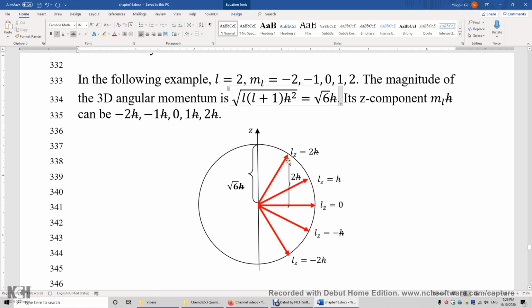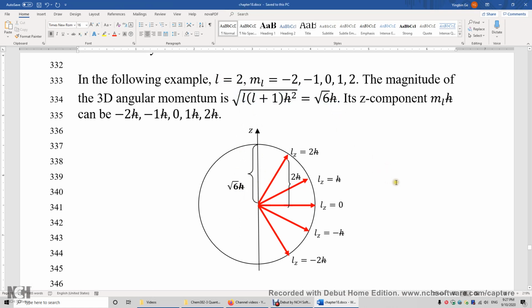The z component of this one is 2 h bar. The z component of this one is h bar, 0, negative h bar, negative 2 h bar. So again, we have 5 different vectors because they have 5 different directions, although they do have the same length. In this case, L is 2, so the length is the square root of 6 times h bar.